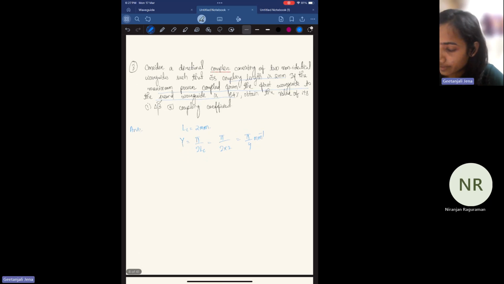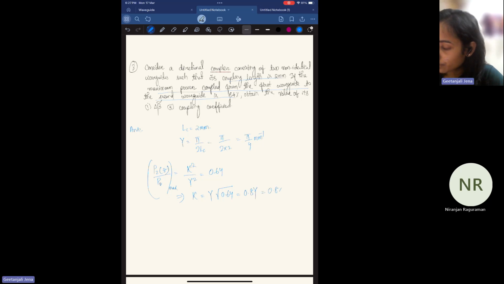That means P2(z) over P0 max, which is kappa square over gamma square, is equal to 0.64. Gamma we know, so we can calculate the value of kappa. Kappa will be gamma times the square root of 0.64, which is 0.8 gamma.